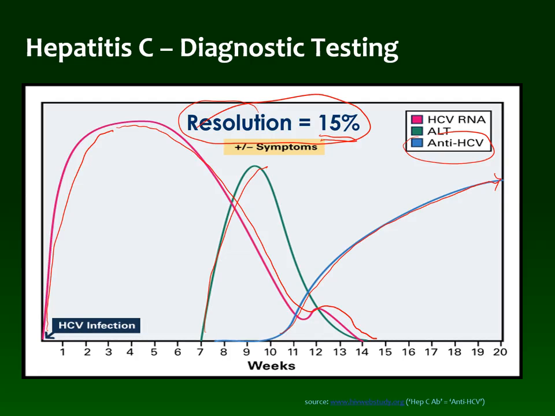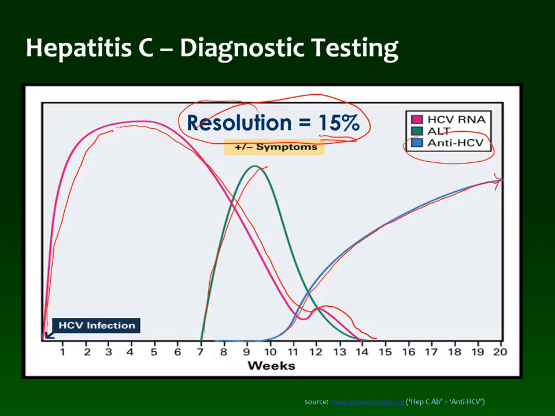Now, what is important for hepatitis C is that the anti-HCV is not a protective antibody. Although in this figure you might think, okay, since you have resolution and the anti-HCV is positive, you might falsely conclude that the anti-HCV here is protective because your HCV RNA is negative and the patient now has antibodies.